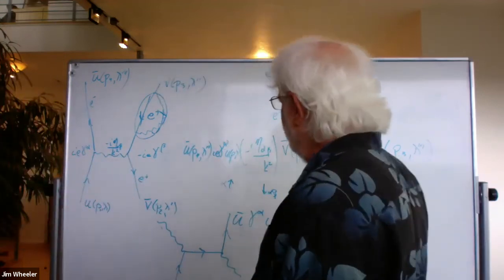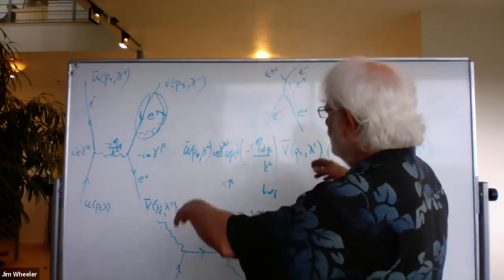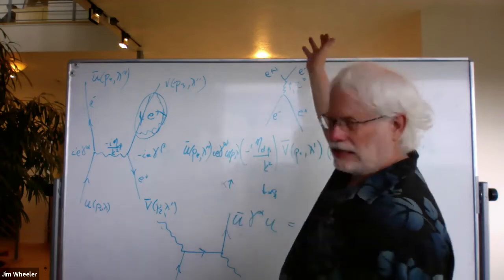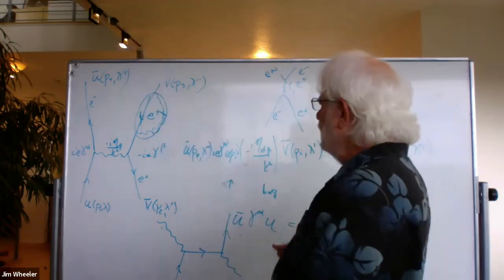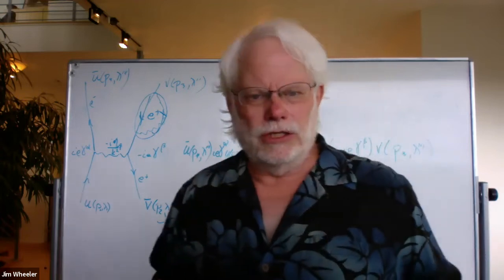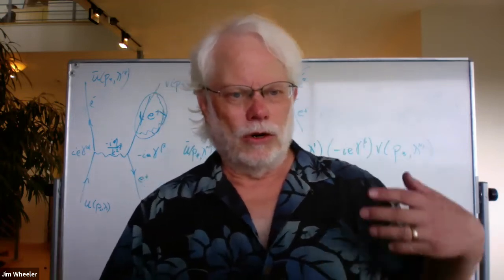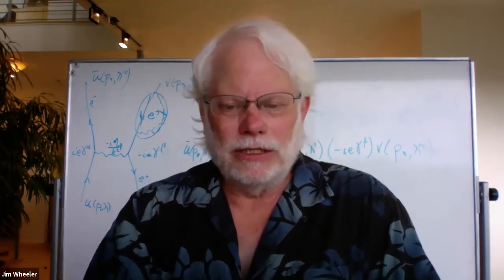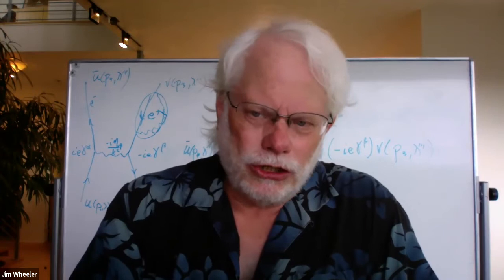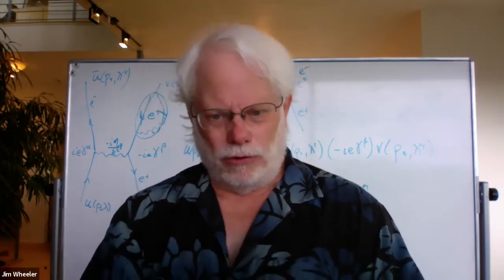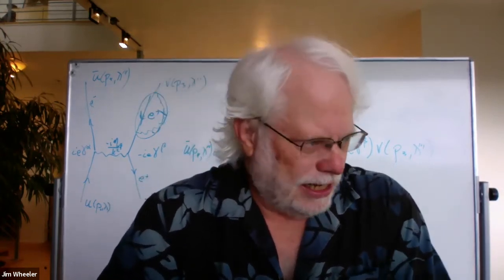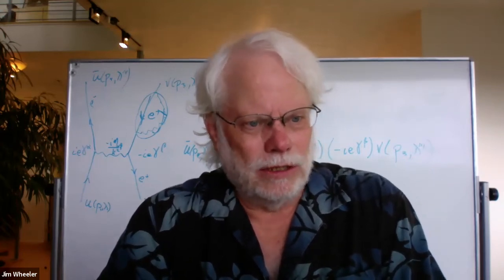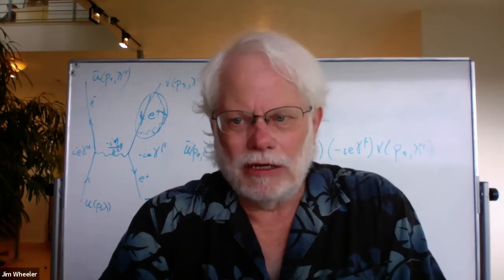So for the matrix elements we're doing, we're going to need to calculate the square of this, or the product of this times the conjugate of that and so on. And then we're going to sum those matrix elements squared over all final spins. We're going to average over initial spins, or average over initial polarizations and sum over final polarizations. And that lets us use some simple identities to replace those vectors with a trace of gamma matrices.